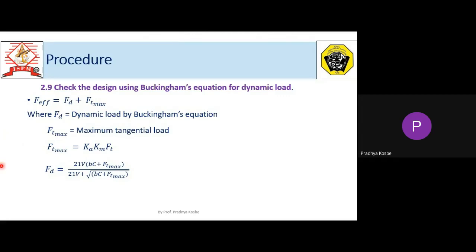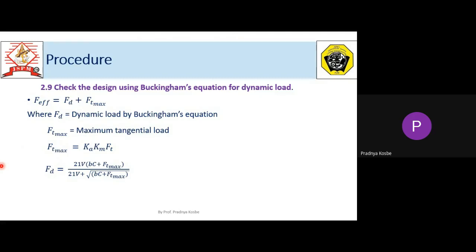Now, how do you decide this application factor? This service factor selection is based on the input and output device.